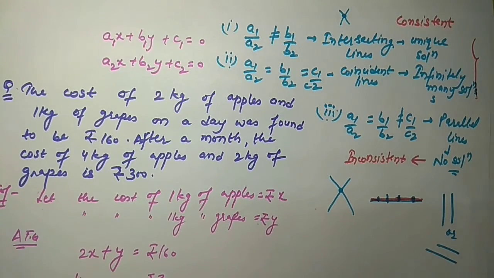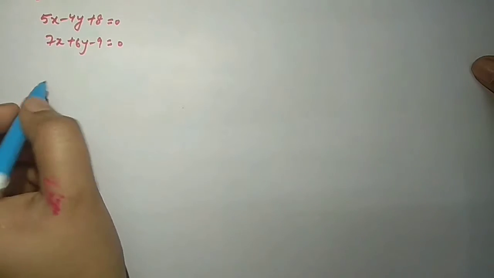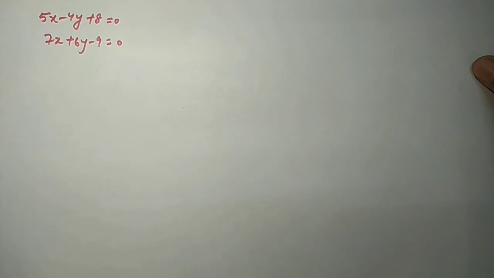Now let's practice the type of questions we have in the exams. So here we have the pair of linear equations. We have to tell whether these pair of linear equations are intersecting or parallel or coincident. So firstly we have to compare it with the standard equations.